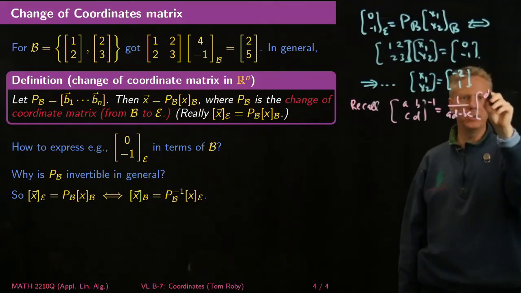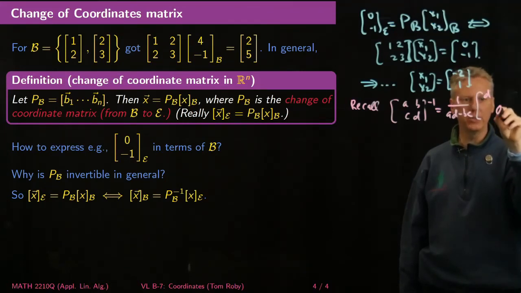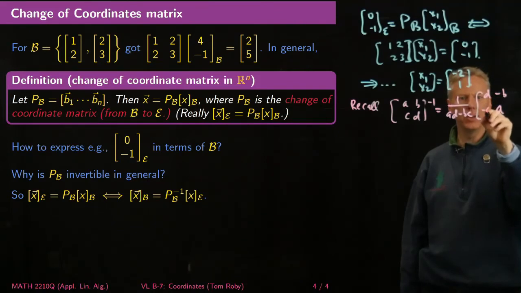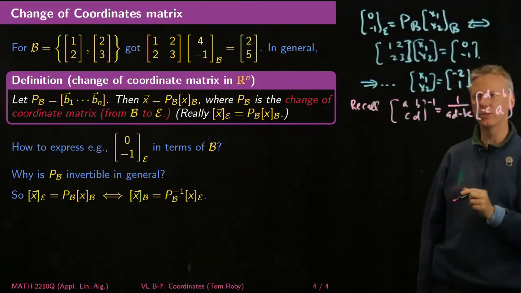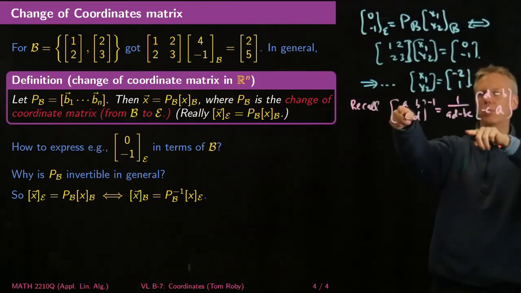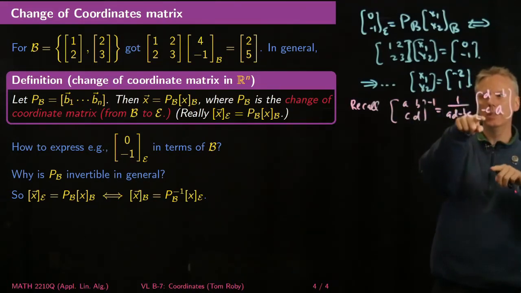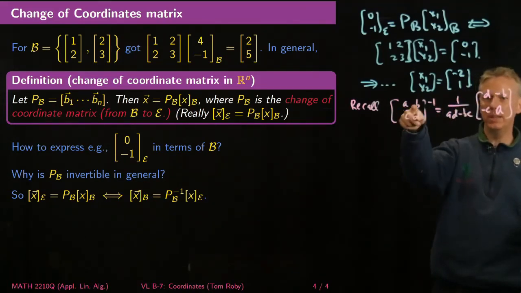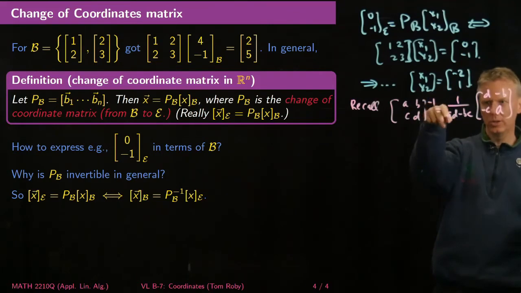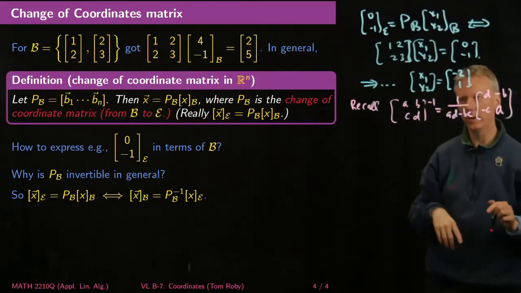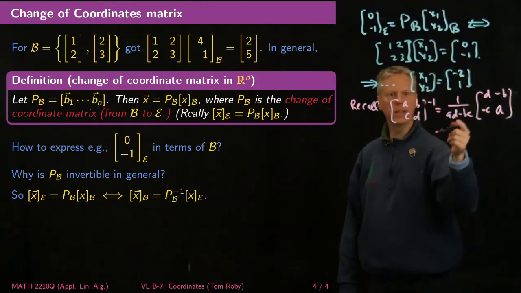You switch the diagonal entries and you negate, but leave in the same location, the off-diagonal entries. You can check that if you multiply [[a, b], [c, d]] by [[d, -b], [-c, a]], you'll get ad minus bc, you divide by this and you get 1 up there, and so on. Okay, so that's the inverse of that.